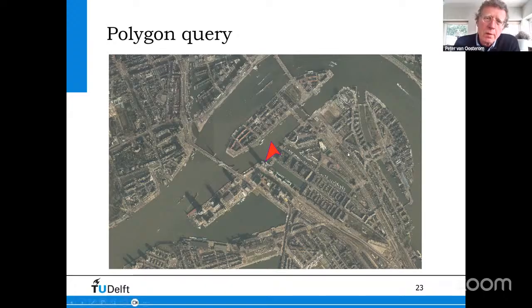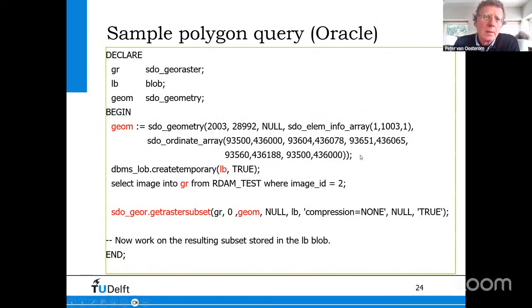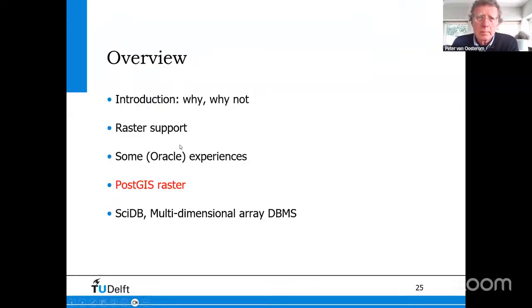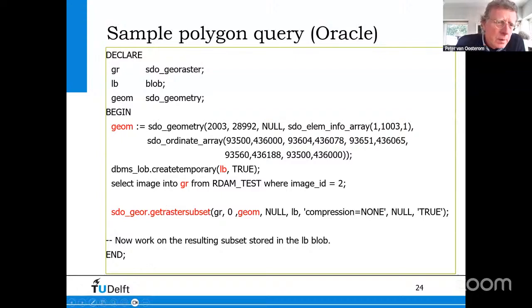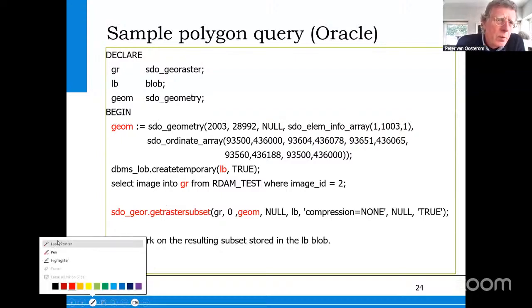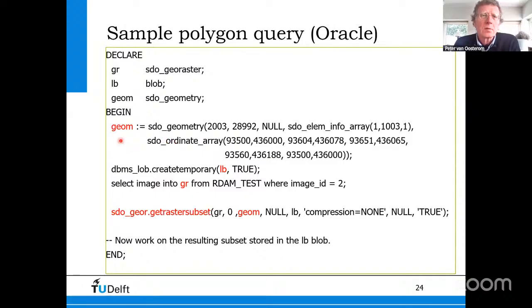It was put somewhere in the middle here of this image. This is the way, I'll make my mouse a pointer. This geometry is the Oracle way of specifying a polygon with the 4 coordinates. And the last one is repeated, as you can see. So we see 5 coordinates. We specify the coordinate reference system.